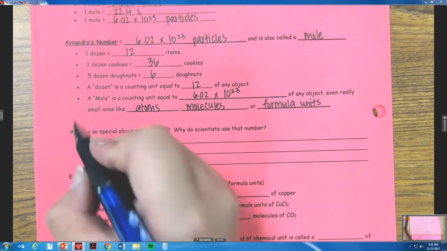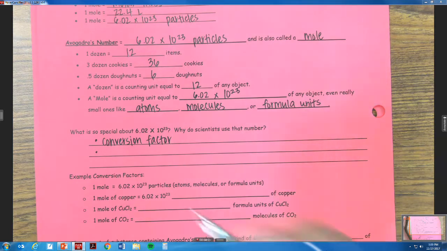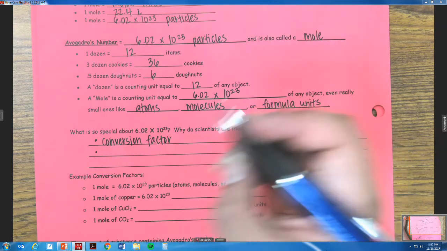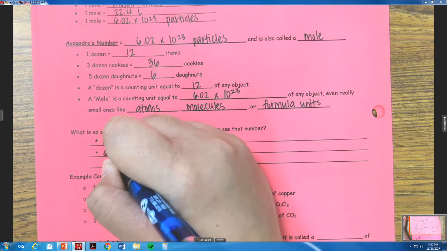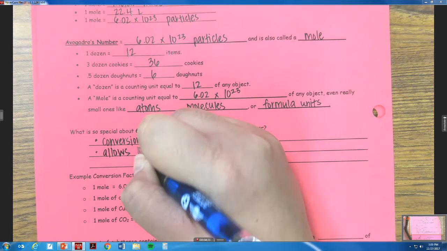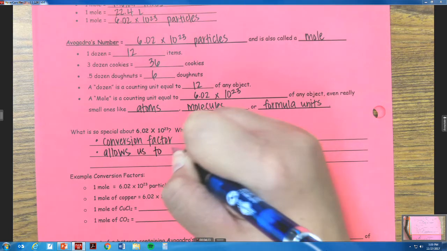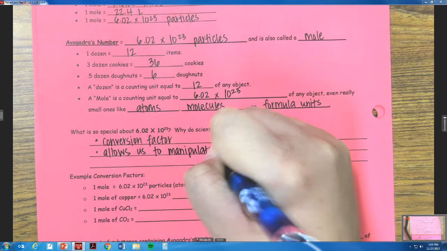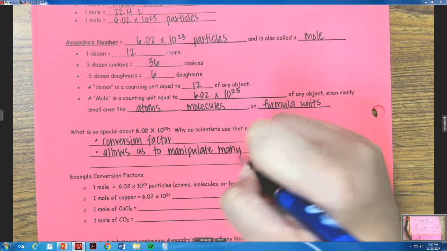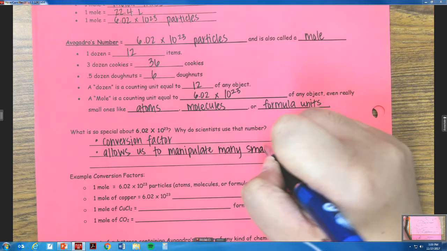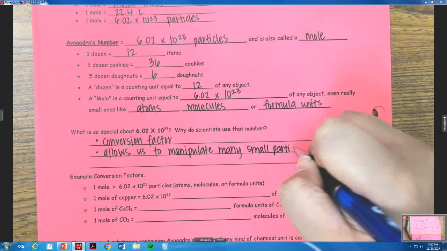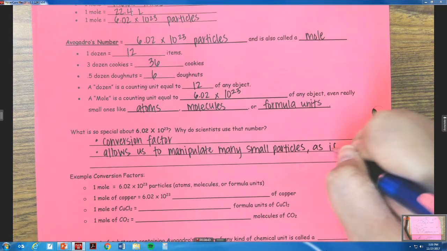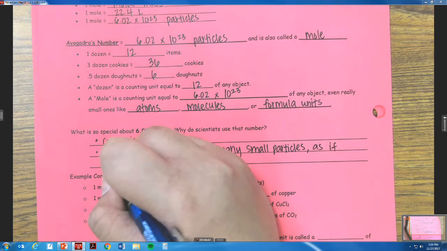And two, it also allows us to manipulate many small particles as if they were one whole part.